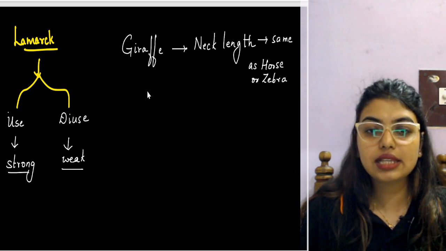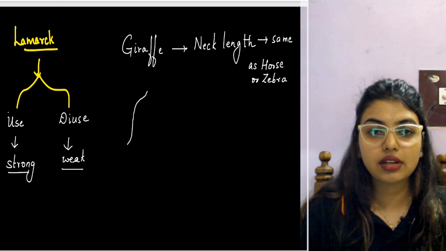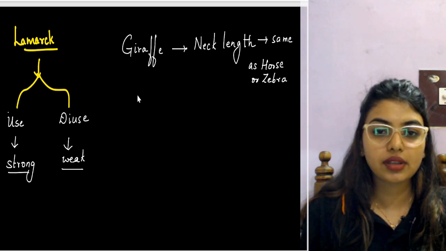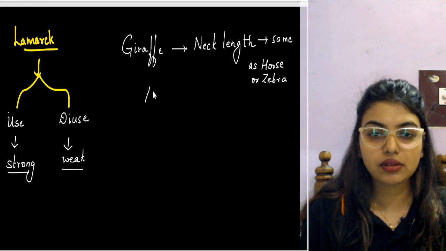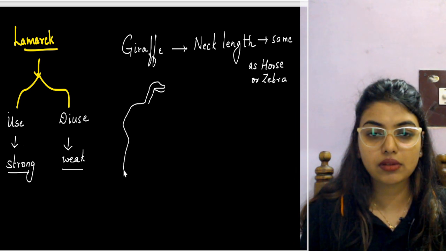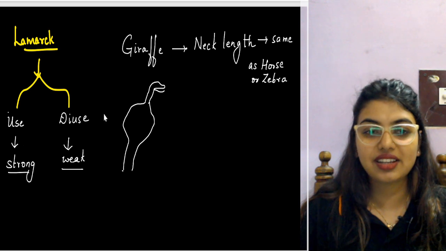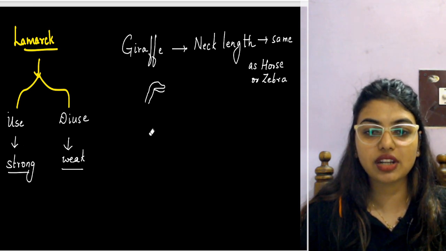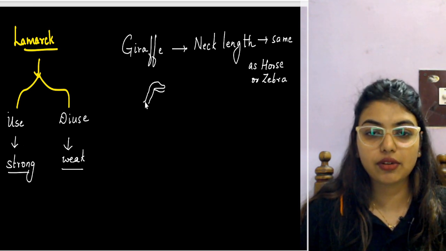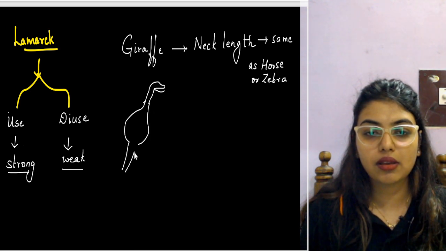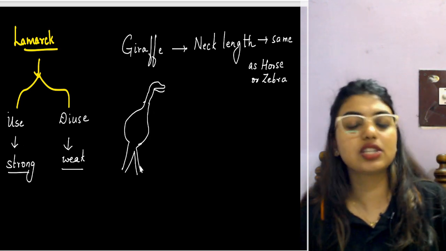But as this giraffe, you know what I'm drawing, this is a giraffe standing. Like, I cannot remember how a giraffe looks now. I'm trying to draw. Let's say this is a giraffe.